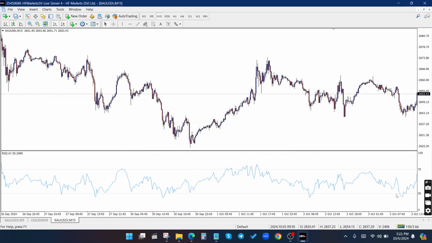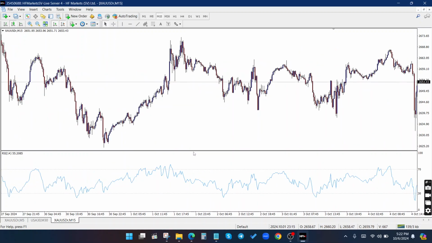And then it measures on a scale of 0 to 100. And the key levels that most traders usually look out for are above 70, which indicates an overbought level, or potential reversal, because this overbought level indicates that there could be a potential reversal of price downwards.